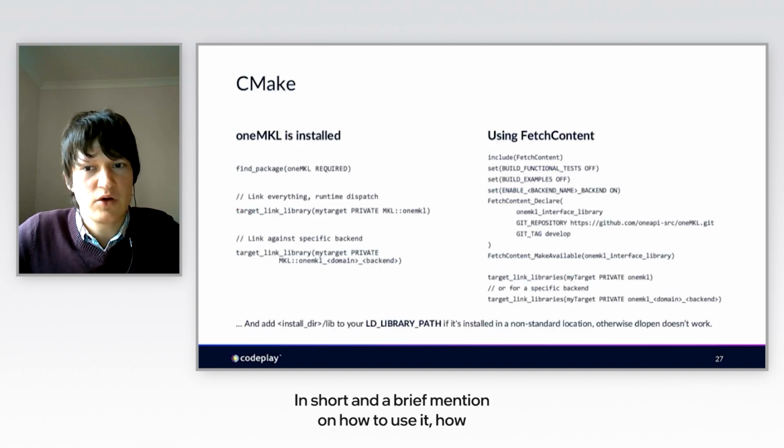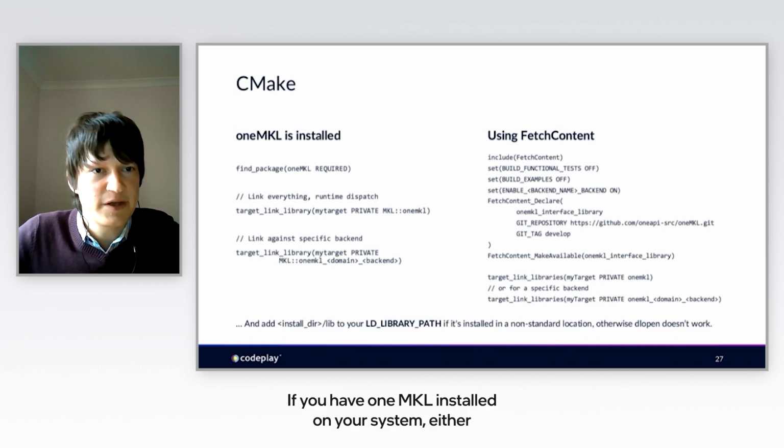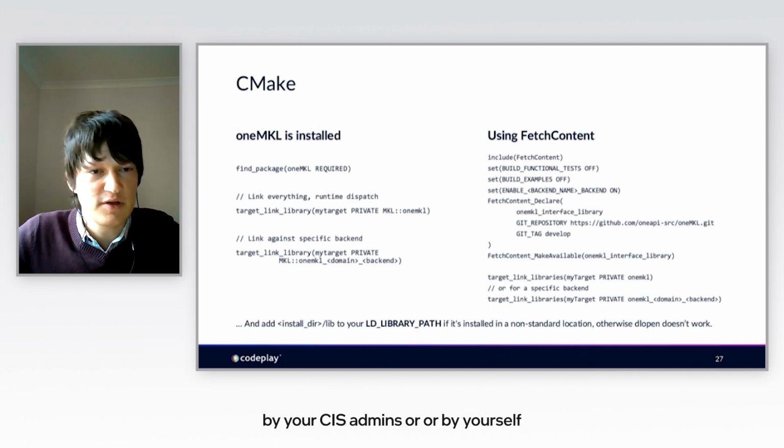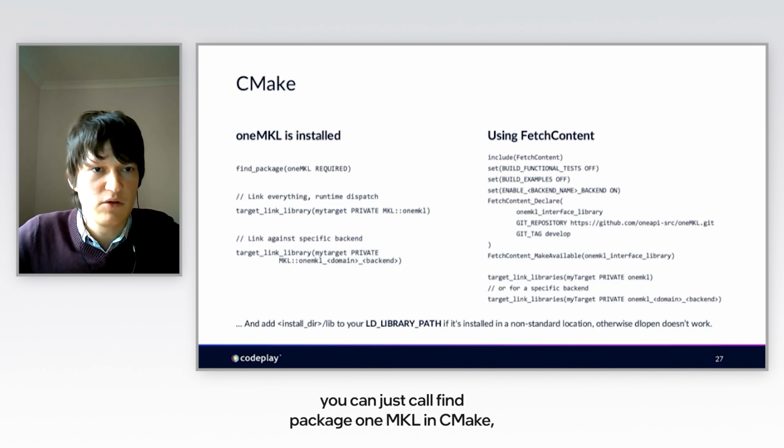And a brief mention on how to use it, how to compile your code together with the oneMKL interface library. If you have oneMKL installed on your system, either by your sysadmins or by yourself, and it's all available in the environment, you can just call find package oneMKL in CMake.